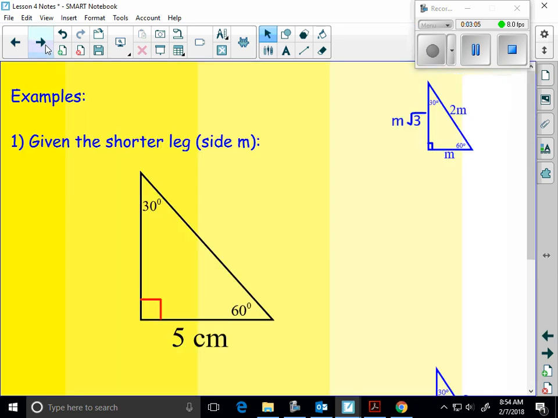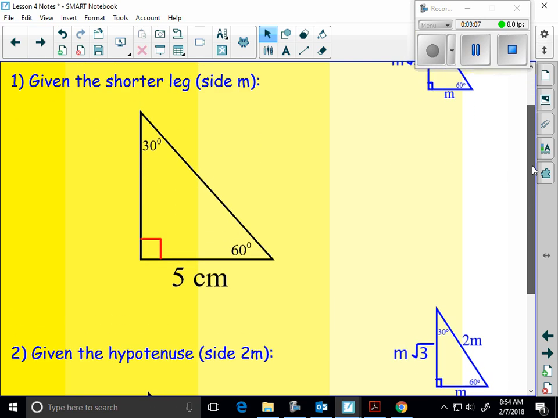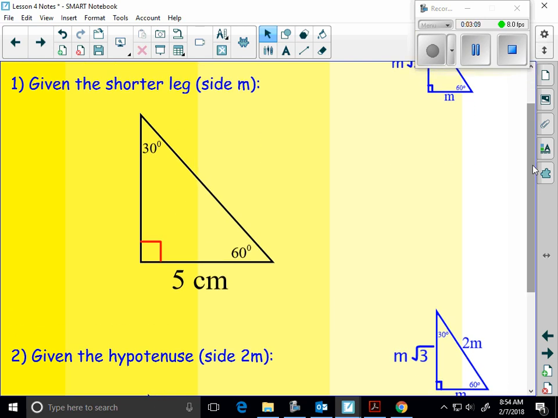Okay, so here I have long leg, short leg, or hypotenuse. And you're told, which one are you given? Short leg. I take short leg, and what do I do to get the hypotenuse? Multiply by 2. I double it, right? So that's a 10.